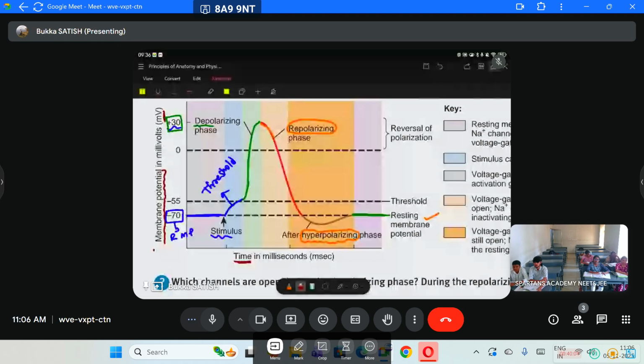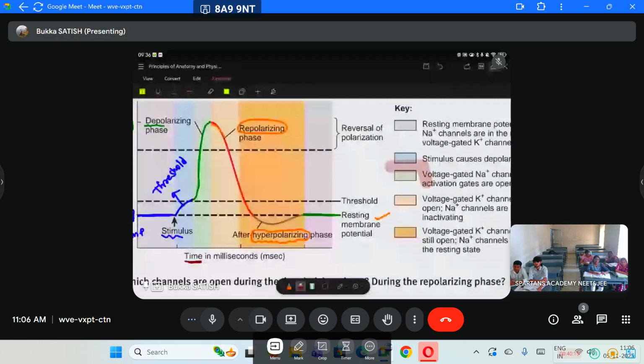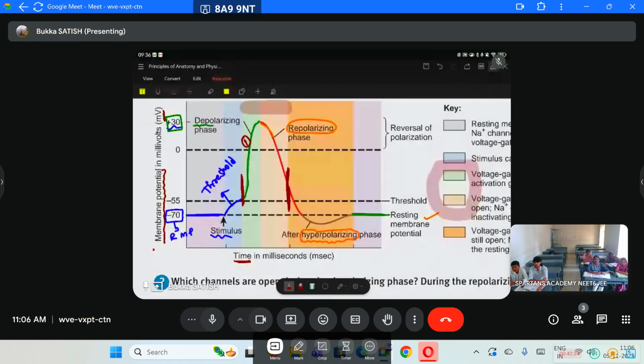Refractory period, relative or absolute refractory period. What do you see here? These two colors, observe properly in the figure. In the first phase, it is in the depolarization condition. Second one, it is in the repolarization condition.